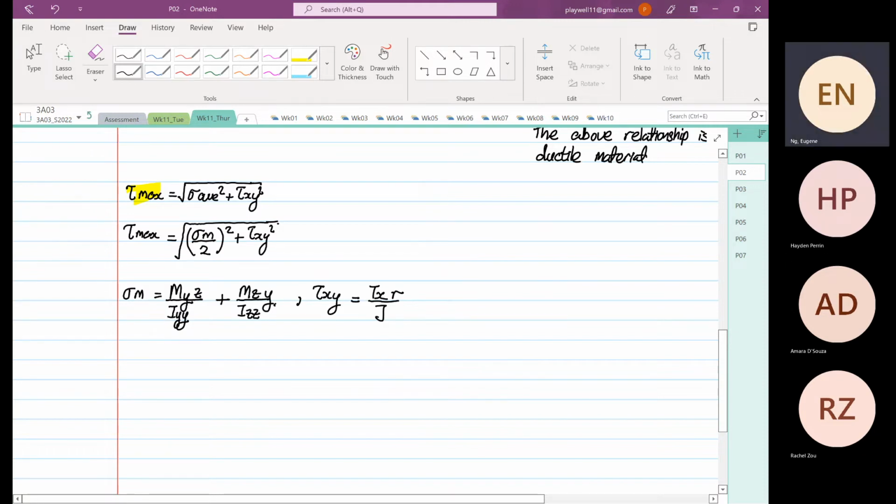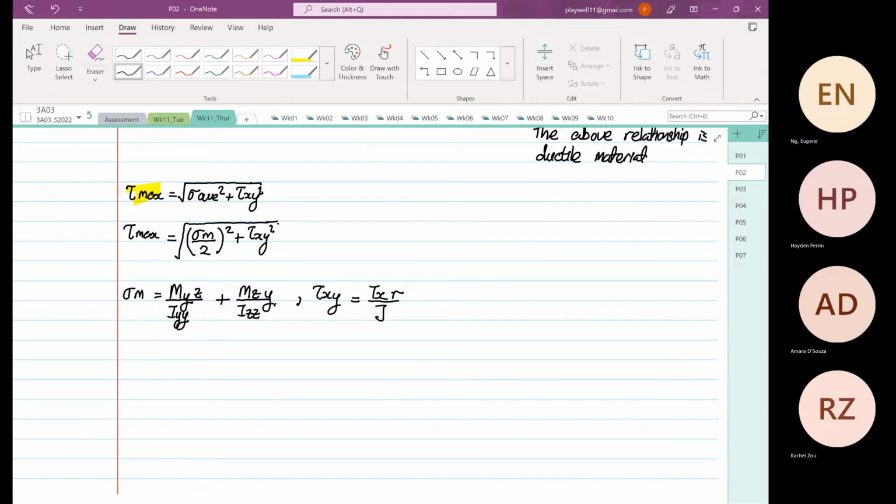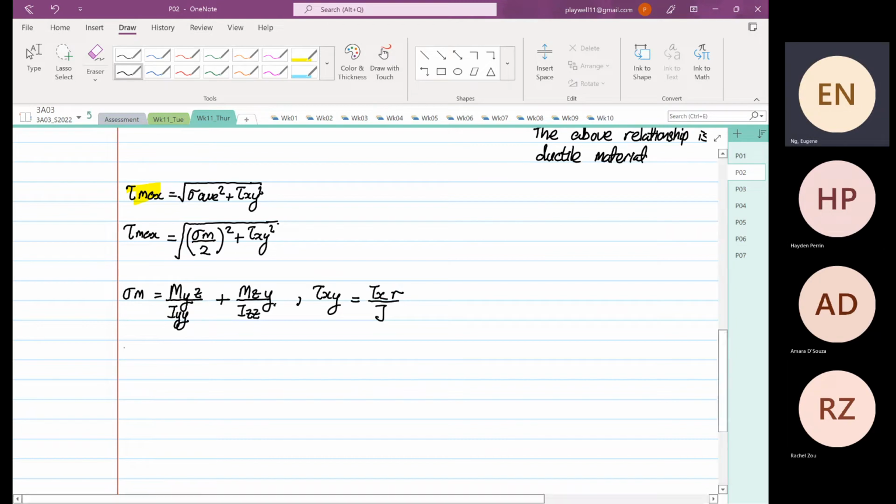Okay, so this will be equal to, I'm going to write down tau max is equal to M. I'm not going to break it down into components. Okay, so M multiplied by the radius, right?